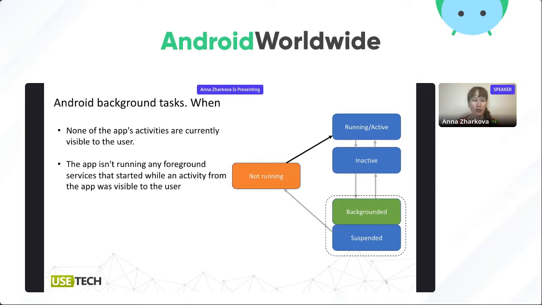So when there are no active applications, and when there are no activities in our current application, or there are no foreground services or services that we launched when the application was in the foreground, our application goes to the background and then is suspended.